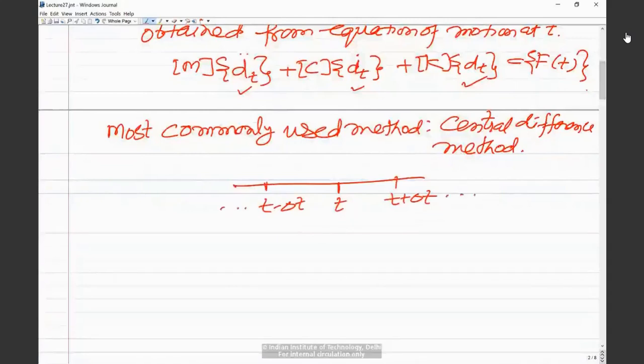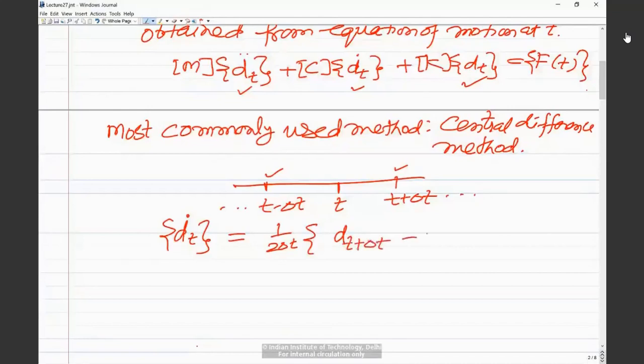Now in the equation of motion, you have to replace d dot at t and d double dot at t. Using central difference, we write d dot at t as 1 upon 2 delta t into d at t plus delta t minus d at t minus delta t.